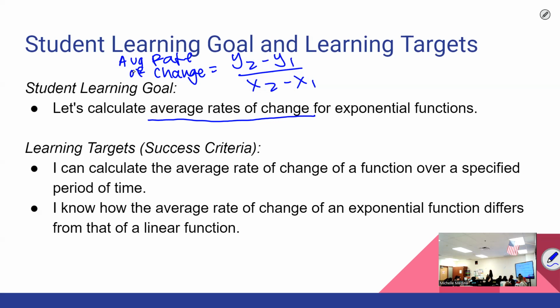To use this, you would need two coordinates. You can get the coordinates from a table, from a graph, or from a description. Say that my coordinates are this. I would make one of them x1, y1, the other coordinate x2, y2, and then I plug it into this formula.